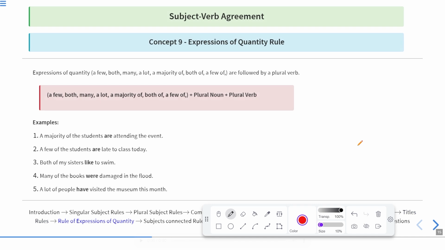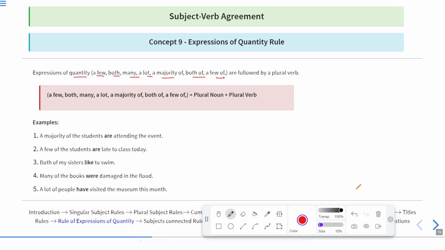Expressions of quantity rule. Expressions of quantity: a few, both, many, a lot, majority of, both of, few of. So these are expressions of quantity. It means they are used to show quantity. For example, a few is used for some. Both is used for two people. Many is for more than one of anything.